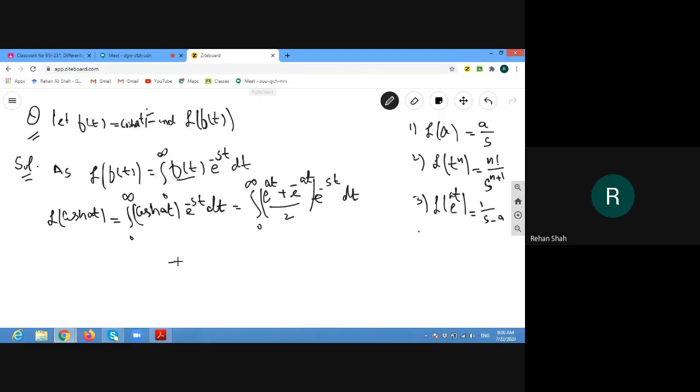If you multiply this, 0 to infinity, 1 over 2 is common here.